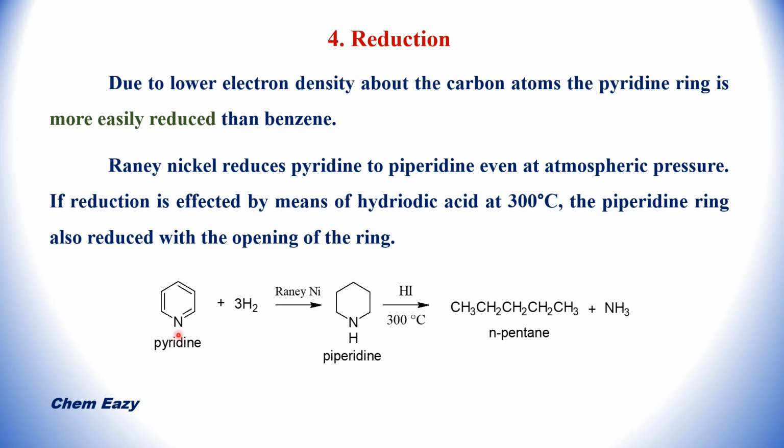Here you can see the reaction, pyridine reduced with Raney nickel to piperidine. If this reduction is effected by means of hydriodic acid at 300 degrees Celsius, then the piperidine ring is also reduced with the opening of the ring and produces n-pentane.